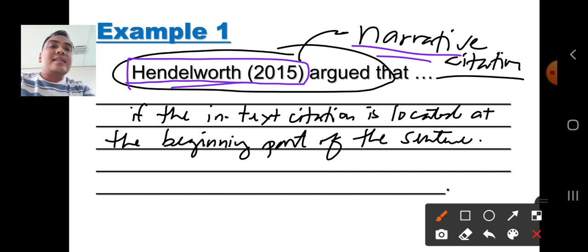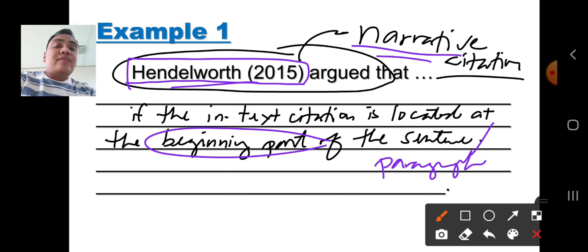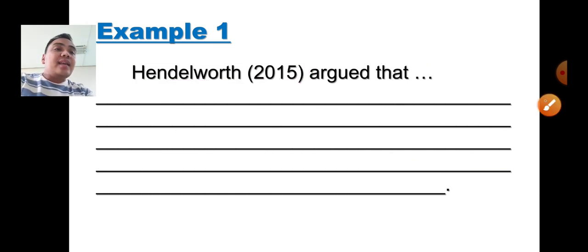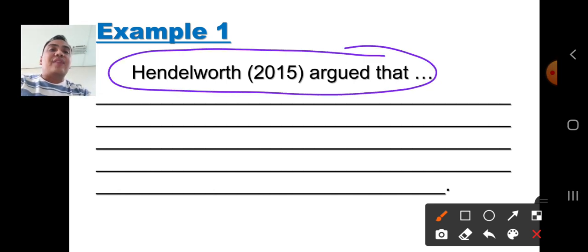Notice that this in-text citation is located at the beginning part of the sentence, or let's say the beginning part of a given paragraph. And we have a technique on how to write narrative citation. Always keep in mind that in writing a narrative citation, we always use a signal phrase.